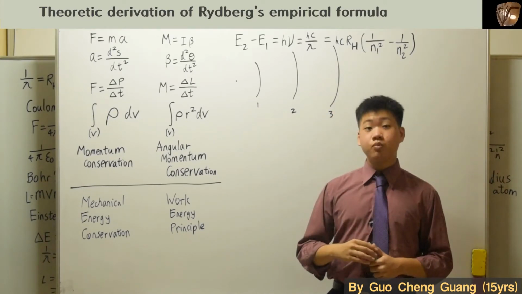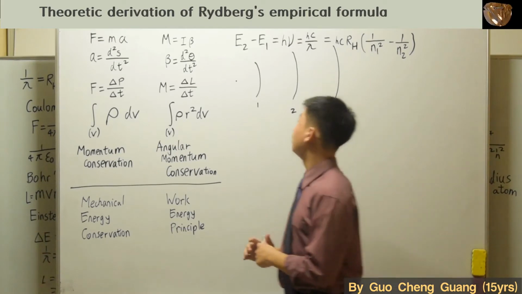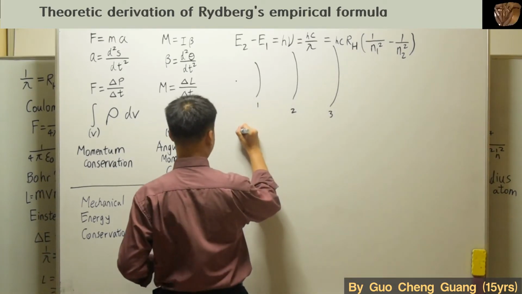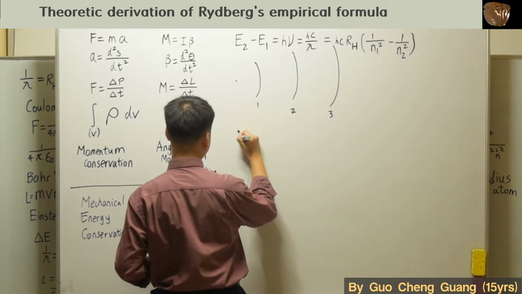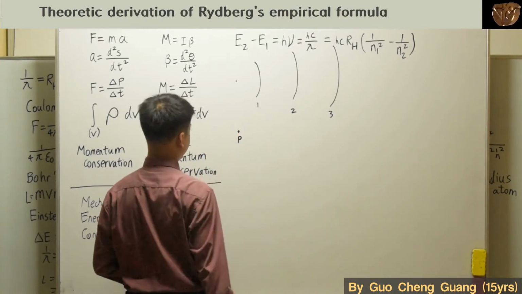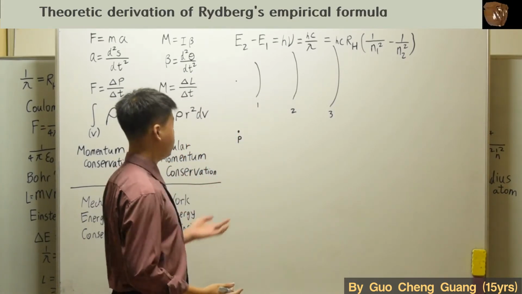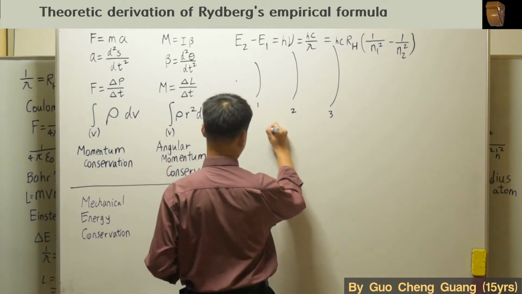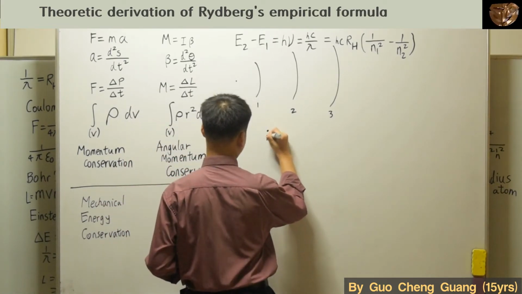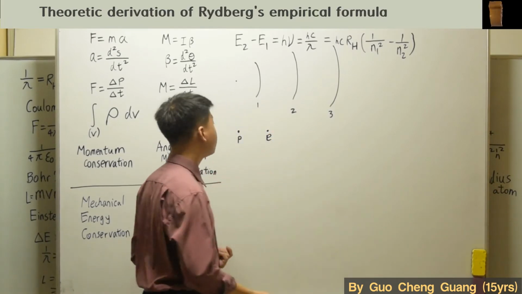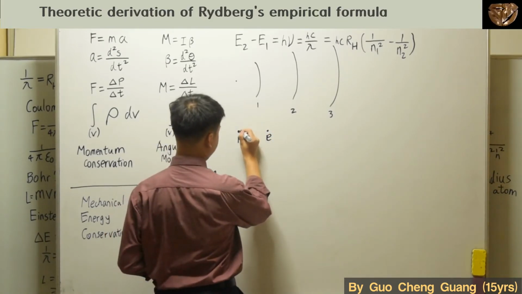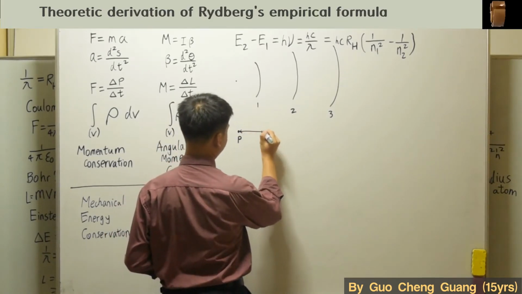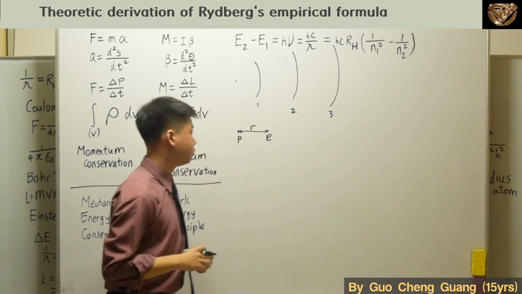Electrostatic field. So let's say this is your positive charge, your proton, your nucleus or your core, and you have one electron here, e, alright? And the distance between these two initially is r.